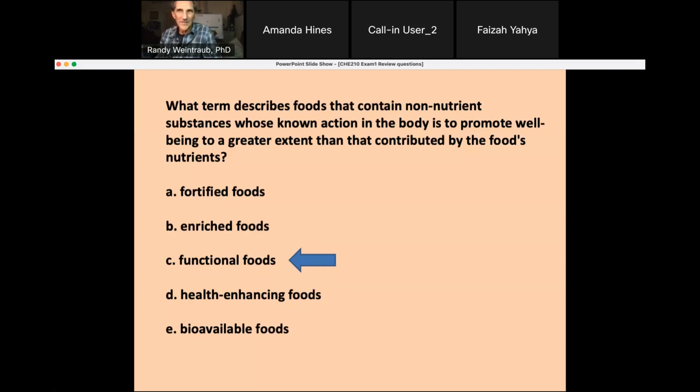Okay, that's the difference between fortified food and enriched. Enriched means it was there, we're just adding more, we're enriching it. Fortified means it wasn't there before, we're adding it. Like zinc added to orange juice. Zinc is not in orange juice, but it's being added.